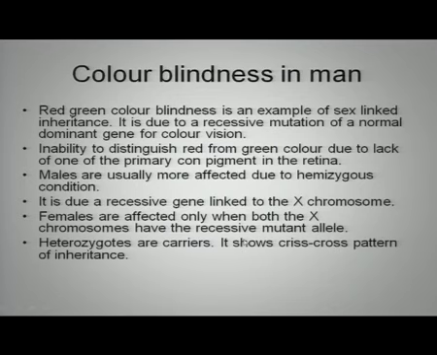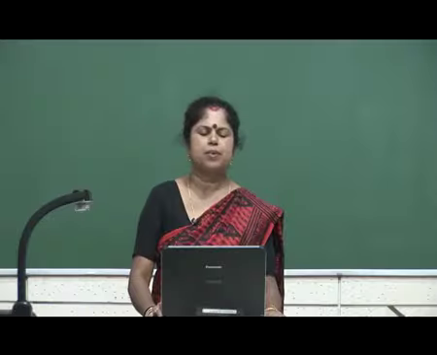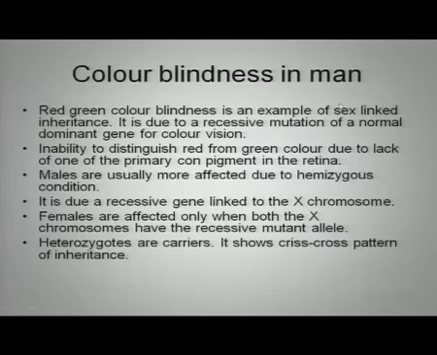Now, another example for sex linked inheritance, that is X linked inheritance. It is color blindness in man. Color blindness in man is known as red-green color blindness, and the gene for this is a mutant one, a dominant gene mutated to recessive one, a mutant recessive allele present on the X chromosome responsible for causing this disease.